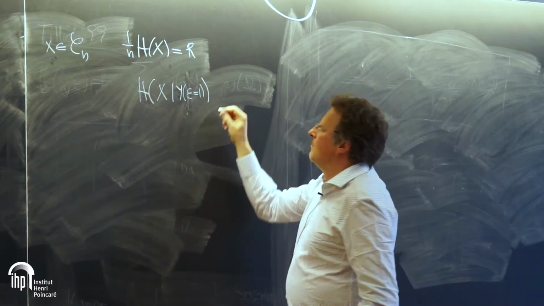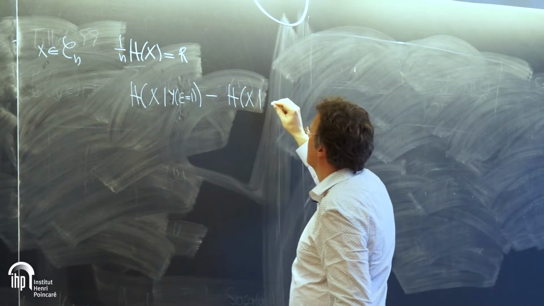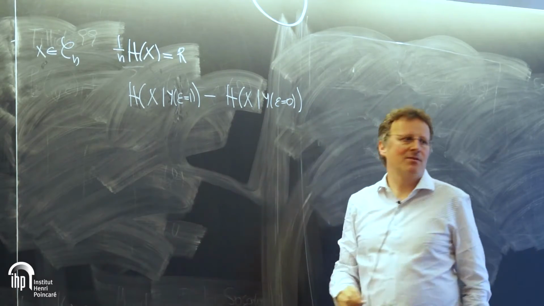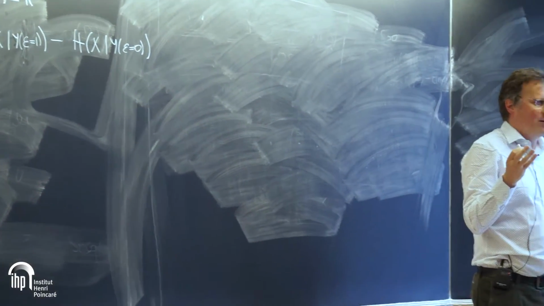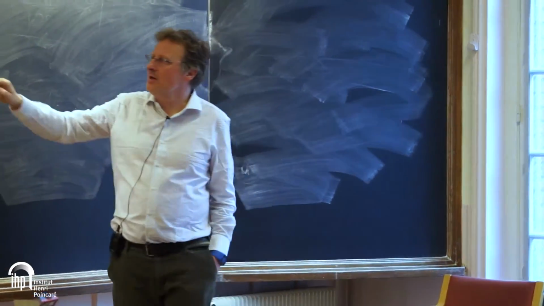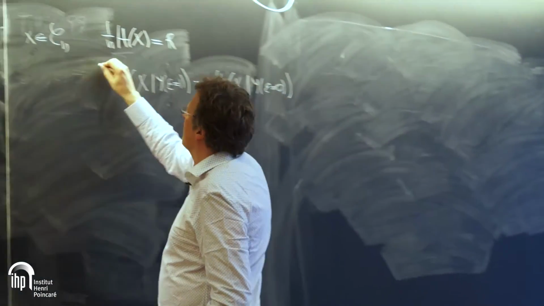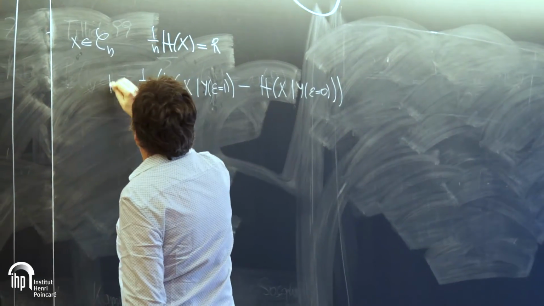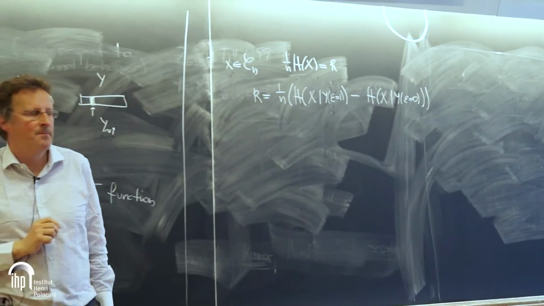But if I give you h of x given y, and epsilon is 0, what happens? If I give you the whole observation, there's no erasure whatsoever, then I of course observe the vector itself. So that entropy is 0. If I normalize everything by 1 over n and look at this quantity here, then this is just the rate of the code.